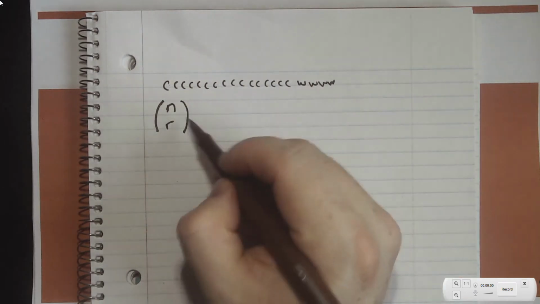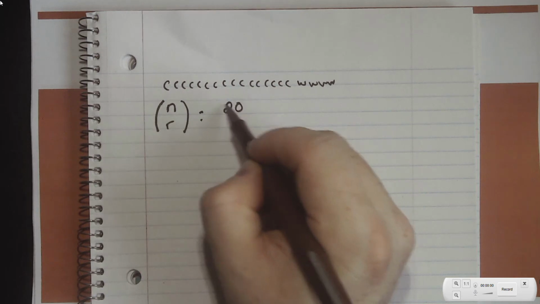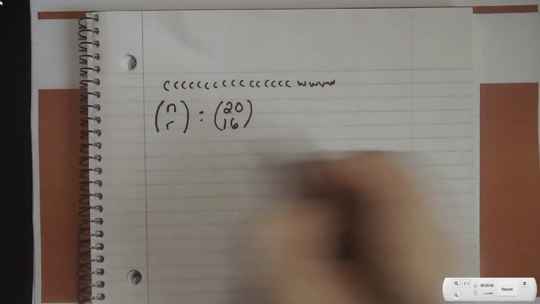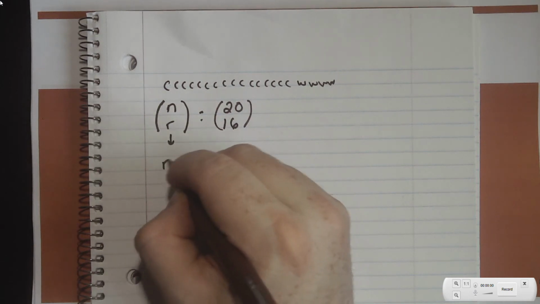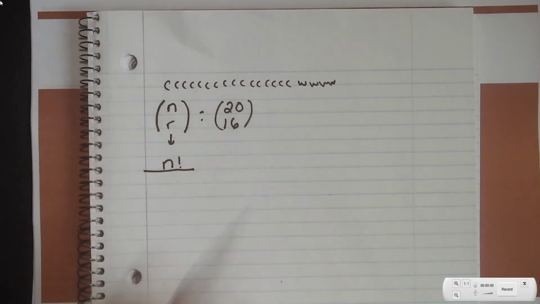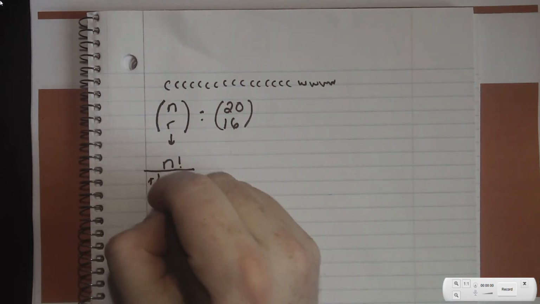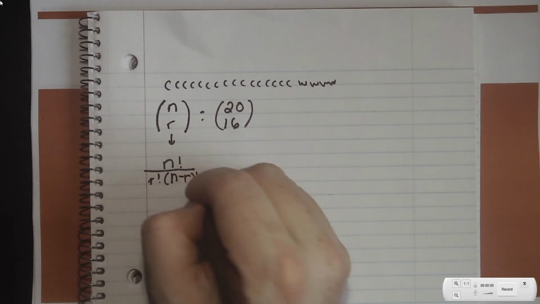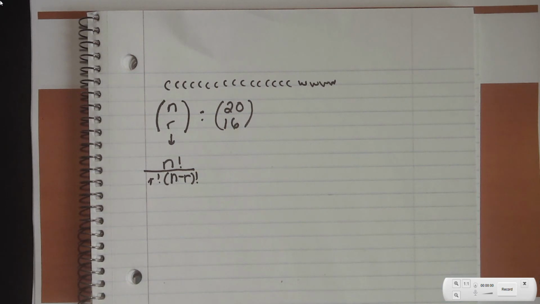So basically we're going to do 20, so out of 20, we're choosing to get 16 correct. Now what this correlates to is this formula here. And no, that's not n. A little bit of humor, exclamation point joke.